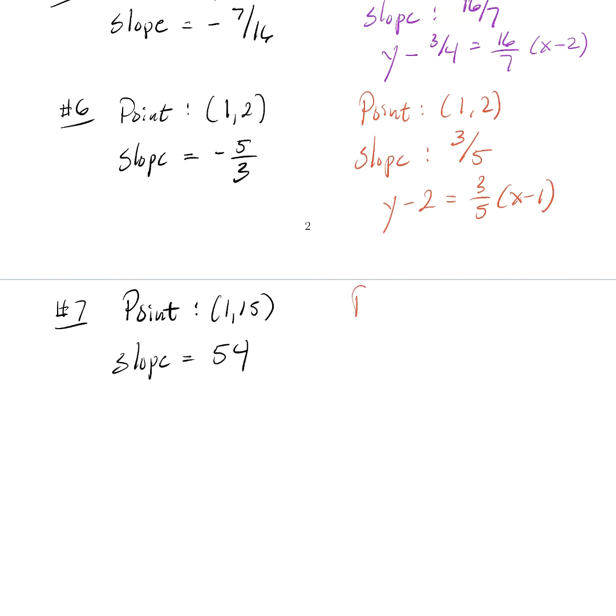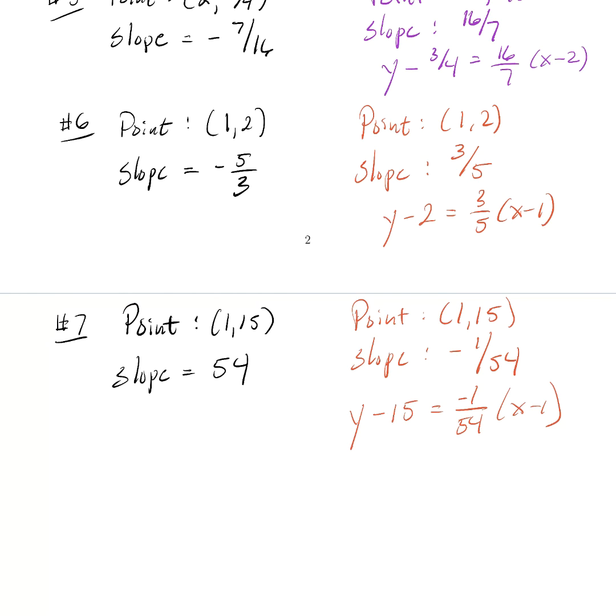Last example. The point is the same, (1, 15), and the slope is the negative reciprocal of 54, which is negative 1/54. And so the equation of the line is y minus 15 is negative 1 over 54 times x minus 1. All right, there are solutions to the activity from section 2.3.